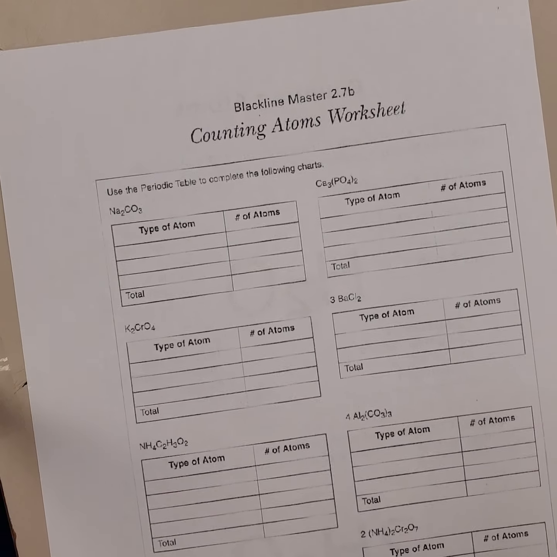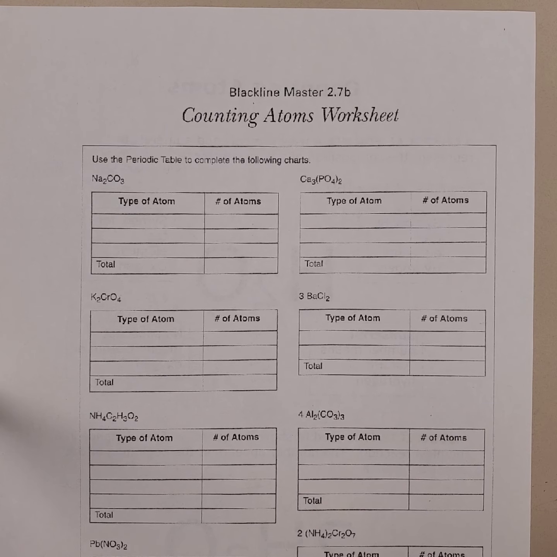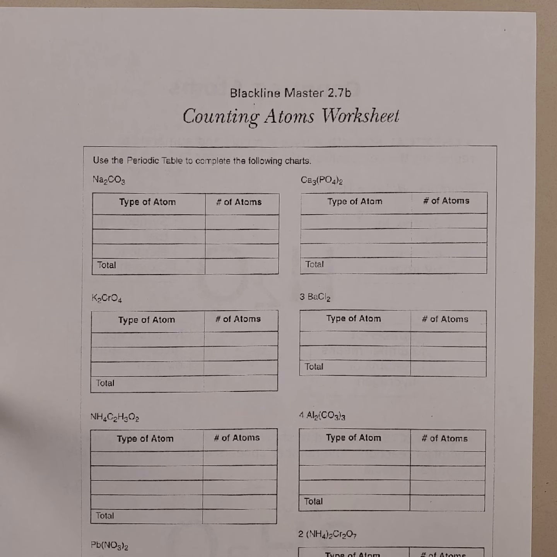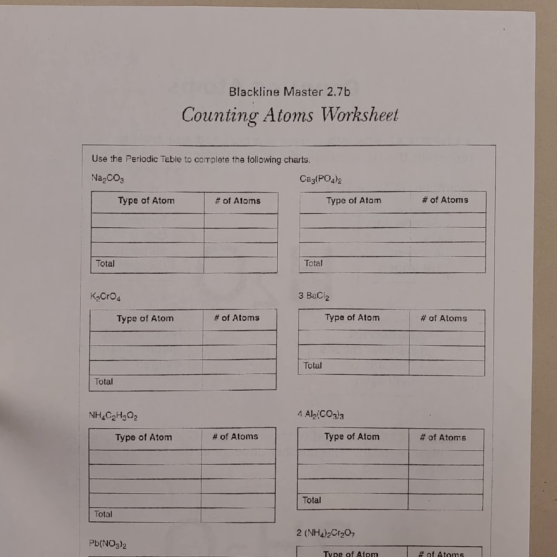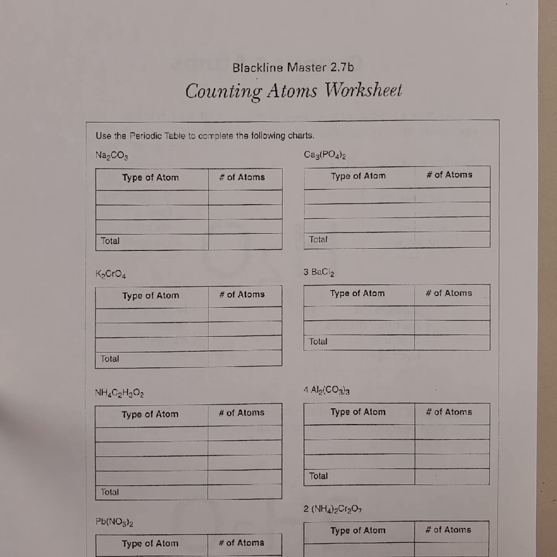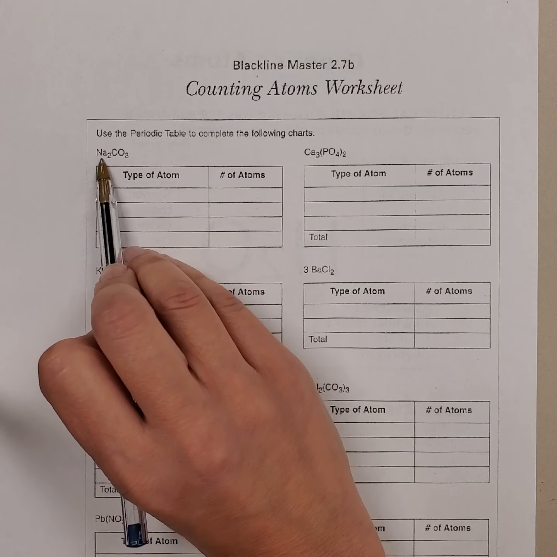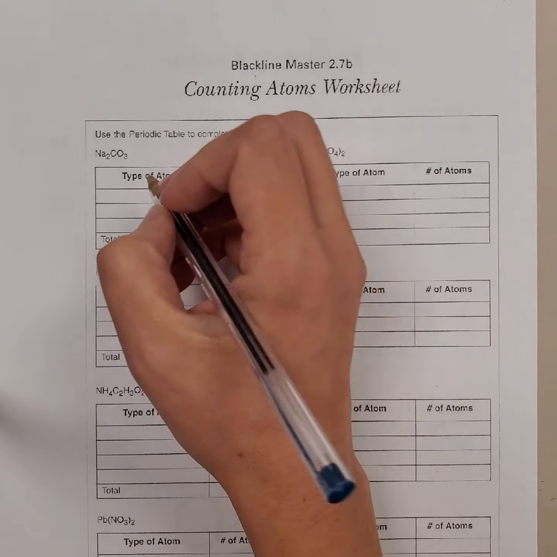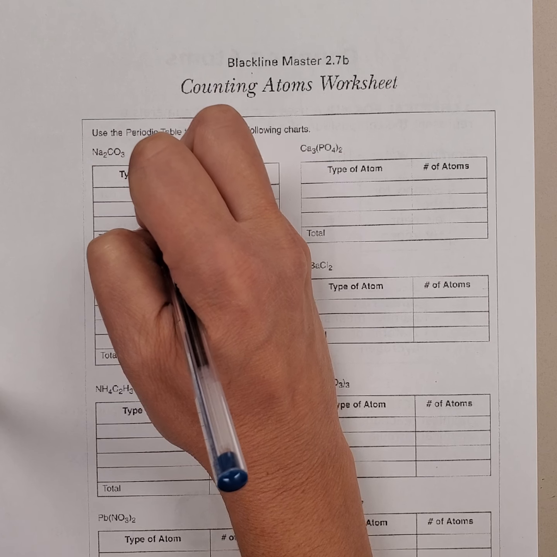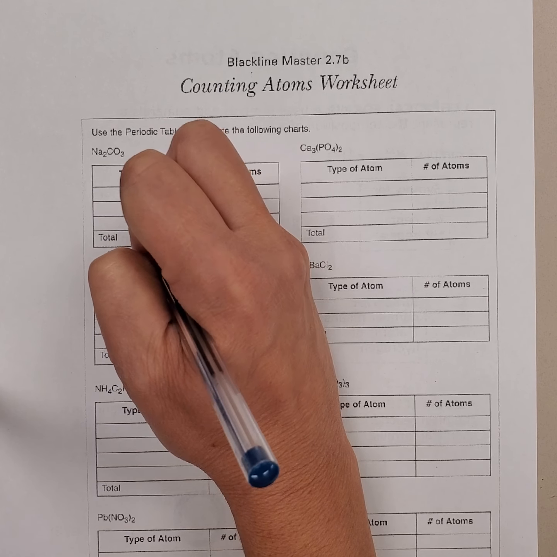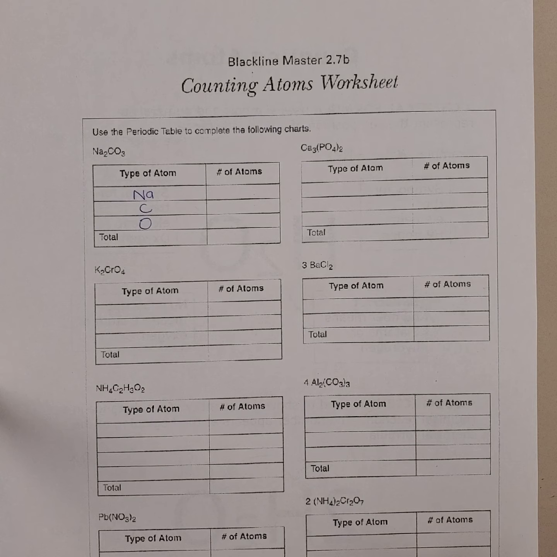On the back of the sheet, you have some more examples of compounds. I'll do 1 or 2 with you, and then I'd like you to try the rest on your own. Let's start with this one. This is sodium carbonate. What you're going to do is separate your elements.